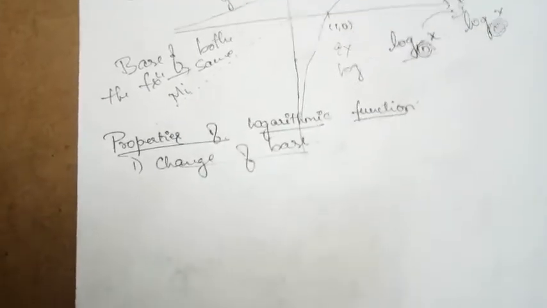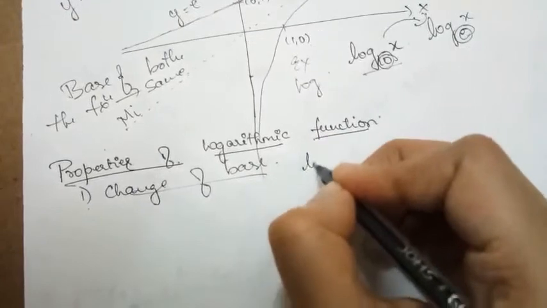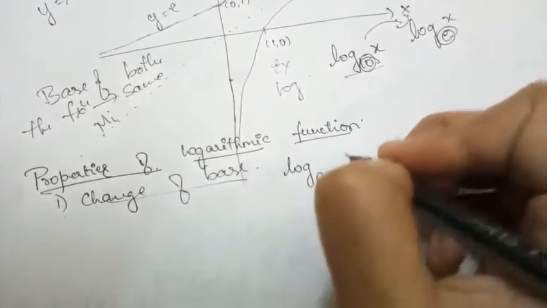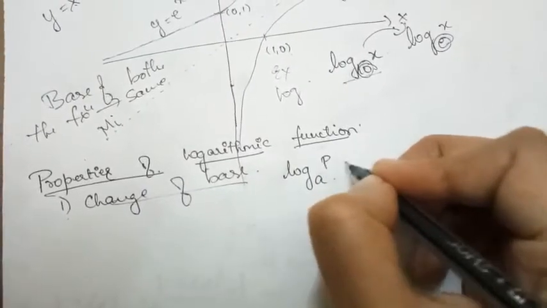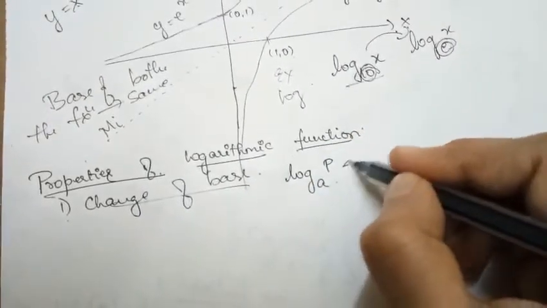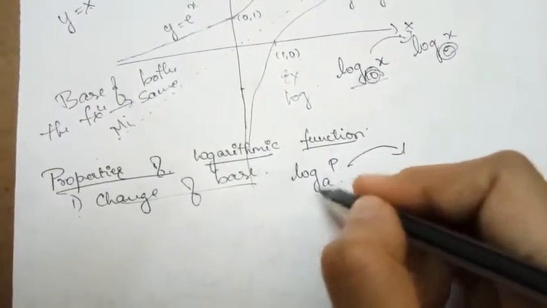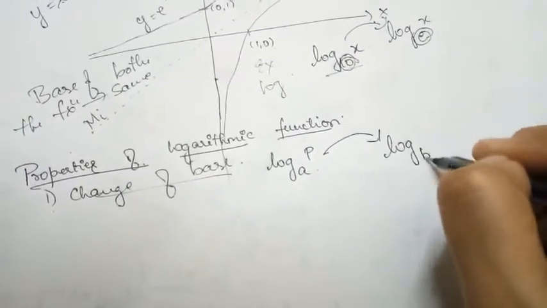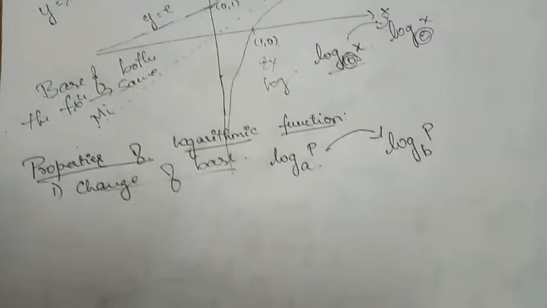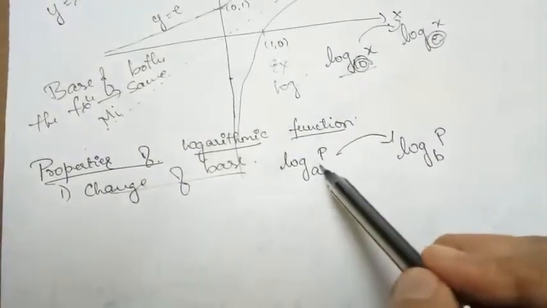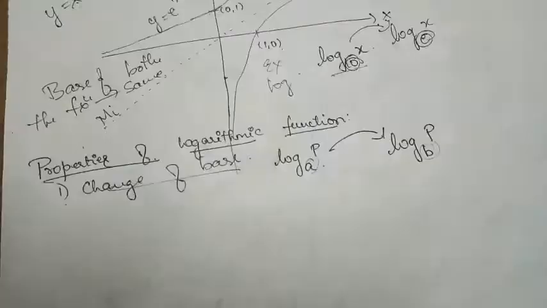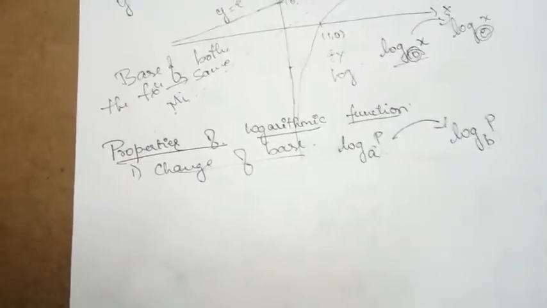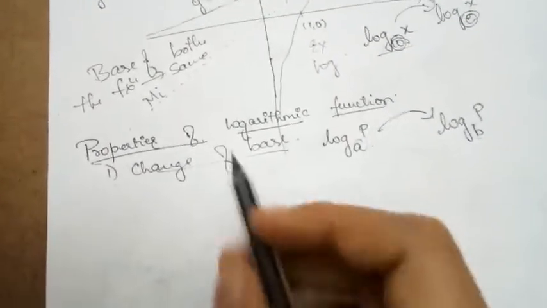So now let us talk in the general way. Log base a of p, if I need to convert from log base a of p to log base b of p, from this base a to the base b, what is the identity we are going to use?